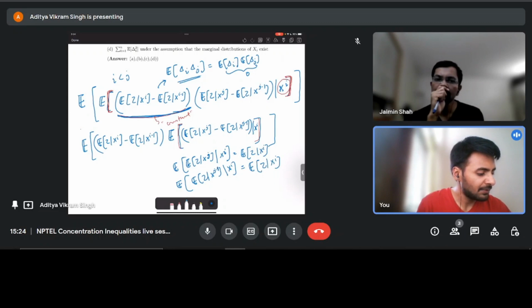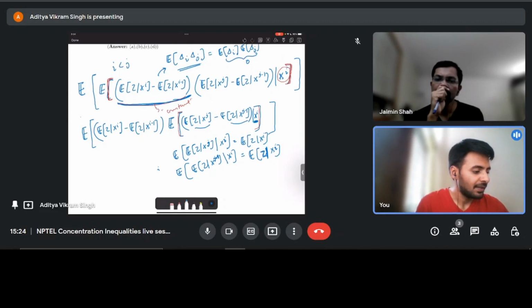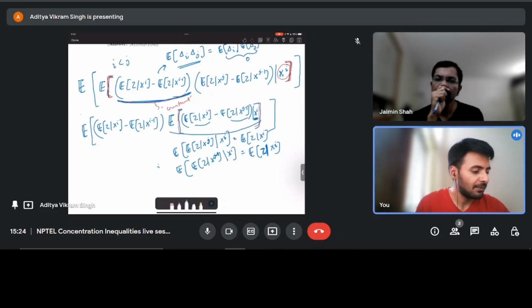Because j minus 1 can be equal to i, but this is still correct. So both these terms, when conditioned on this, become the same, and so this term basically vanishes. This becomes 0, and so the entire thing becomes 0.